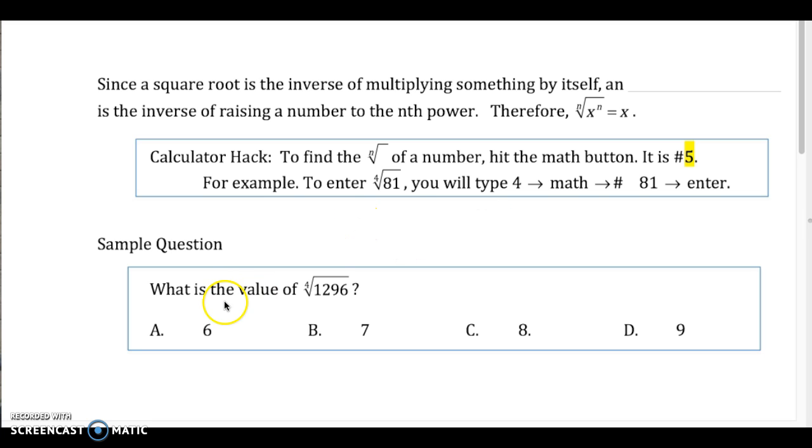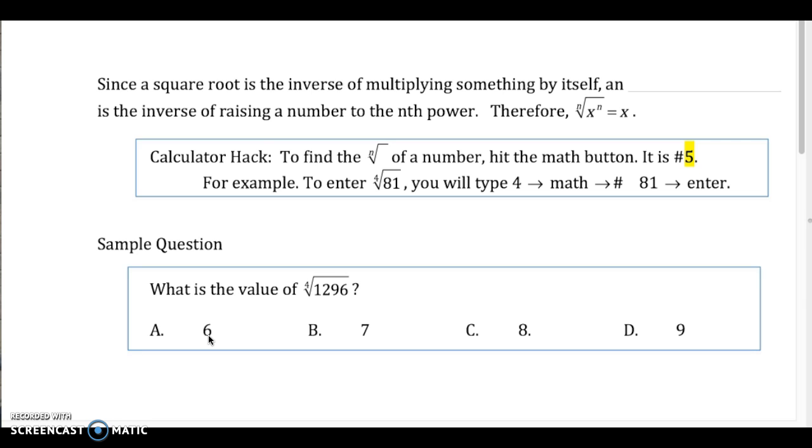So in this case, if you think about the value of the fourth root of 1,296, what does that mean? What number times itself 4 times gives you 1,296? So as long as you understand what a fourth root is, you can work backwards a little bit and just say, okay, what's 6 times 6 times 6 times 6 in my calculator?